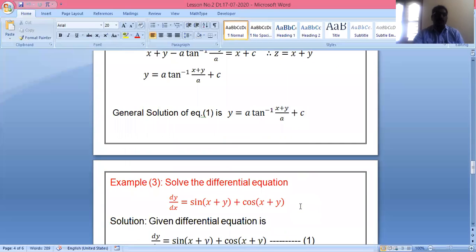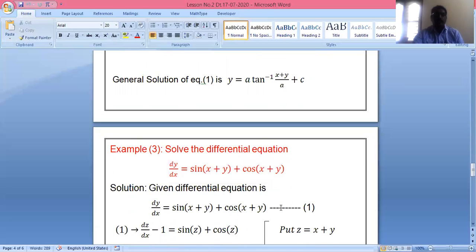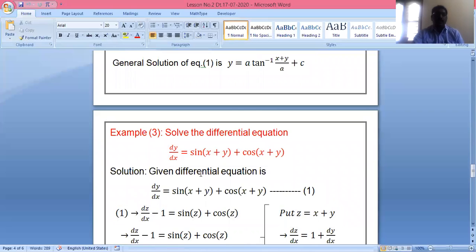Now, we are going to learn another example: solve the differential equation dy/dx = sin(x + y) + cos(x + y). The given differential equation is dy/dx = sin(x + y) + cos(x + y).